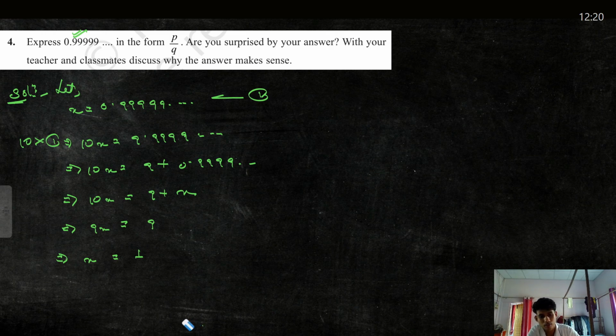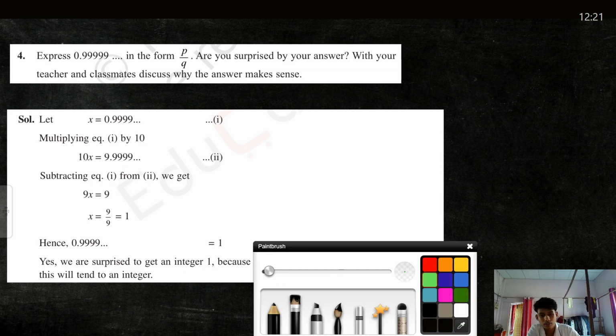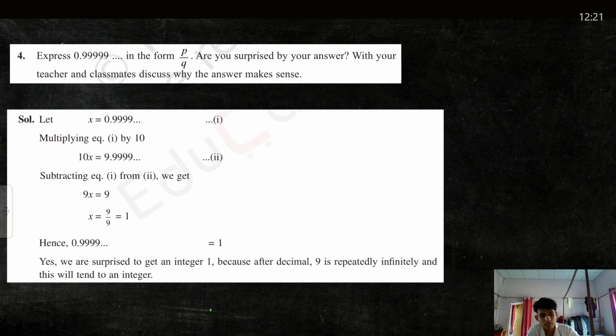Therefore 0.999 is equal to 1. Now, it is written here, yes, we are surprised to get an integer 1 because after the decimal 9 is repeated infinitely, and this will tend to an integer.